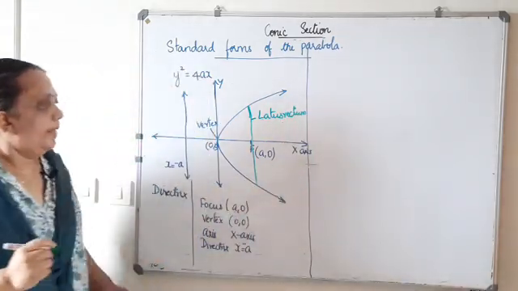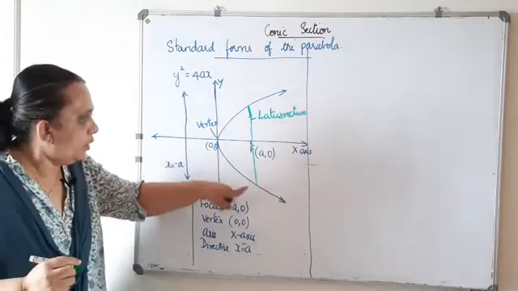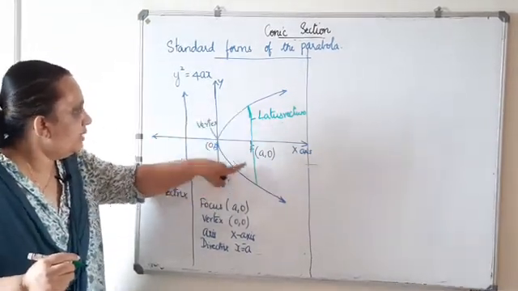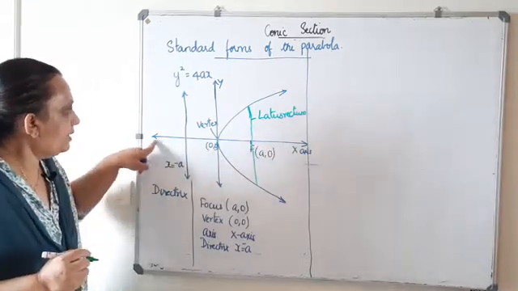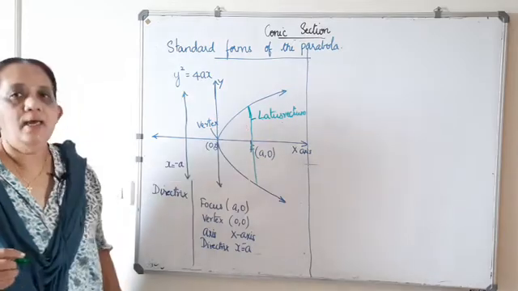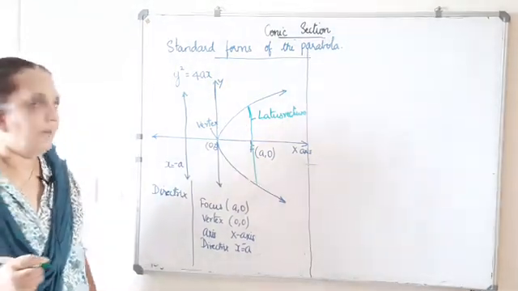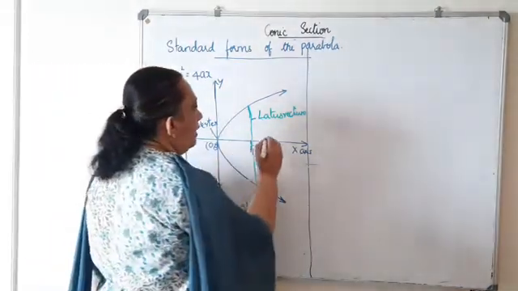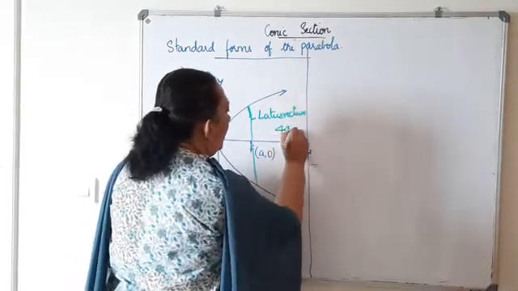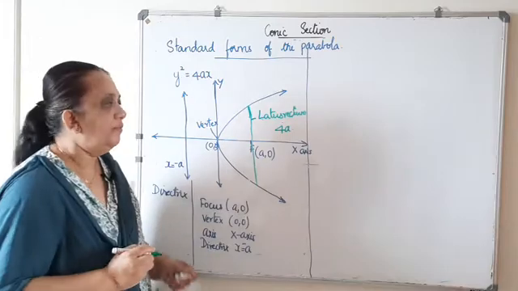Once again, the line segment passing through the focus perpendicular to the axis and whose endpoints lie on the parabola is called the latus rectum of the parabola. The length of the latus rectum is equal to 4a.